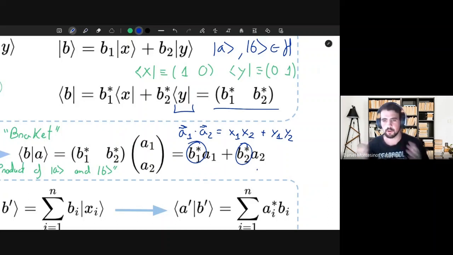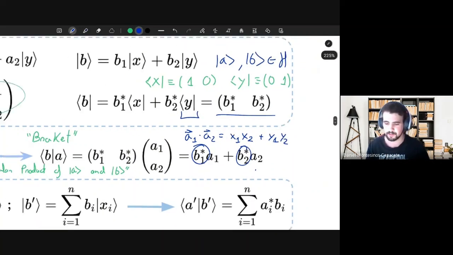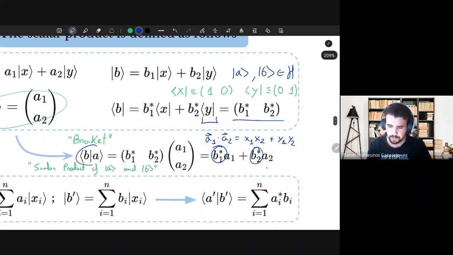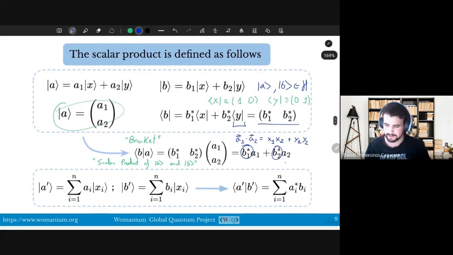That's the only difference between the scalar product I'm defining right now and the scalar product that we saw the other day. So I hope this seems logical and intuitive, in the sense that it's the same idea, but more general, and also using the bracket notation. I hope that's clear enough.